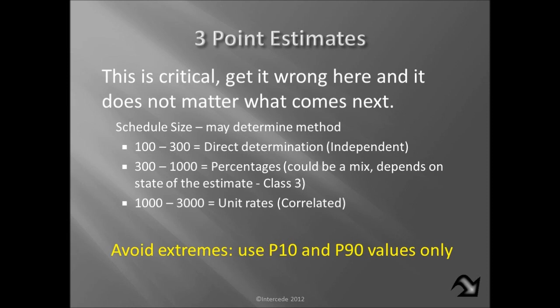And again, we want to make sure that in these ranges you're only using P10 and P90 values. So going back to our analogy of 20, 60, and 90, we don't want any value less than the P10, which is our 20 minutes.